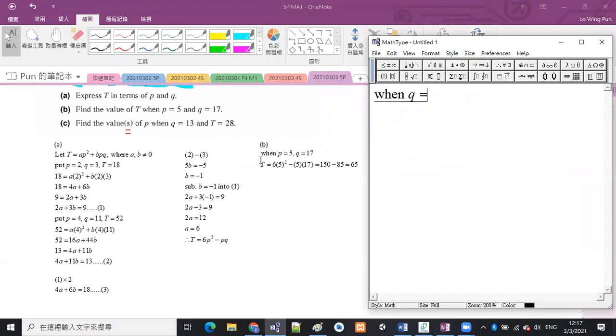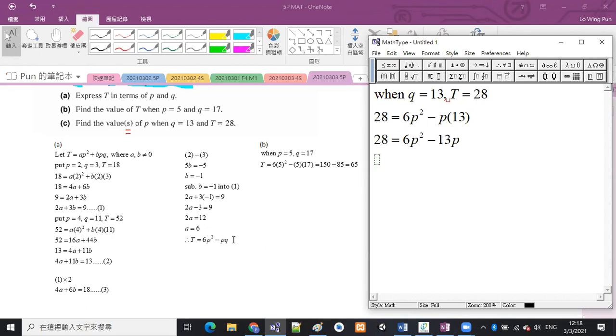So when Q is 13 and T is 28, then our equation is T equals, that is 28 equals 6 times P squared. We do not have information of P, so just P squared minus P times Q. Q becomes 13. Okay, simplify the term first. 28 is equal to 6P squared minus 13P.